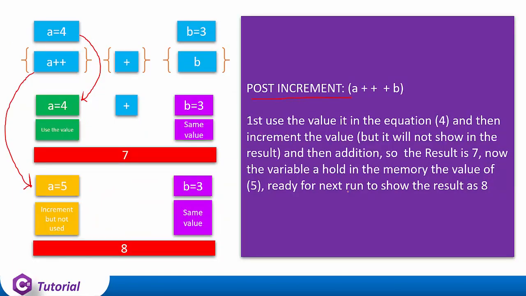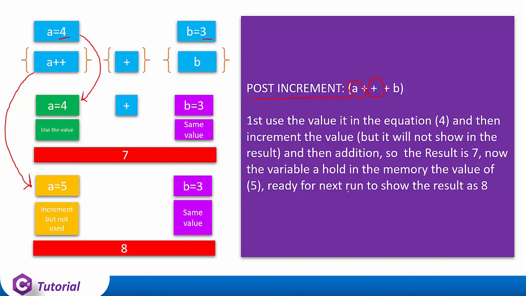See the post-increment. In the post-increment, the tokens will be like this: a plus plus plus b. Okay, so the compiler will say, let's assume a has value 4 and b has value 3. What's going to happen in the post-increment?